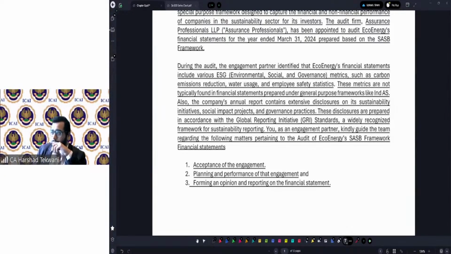Anyone? Come on quickly. Which SA will be applicable in this scenario? You are auditing the financial statements of Eco Energy's SASB framework based financial statements. Just now, in the summary, also we discussed this point. Come on, quickly.